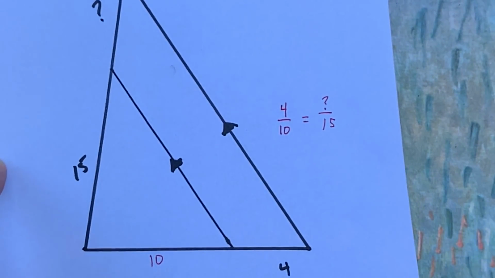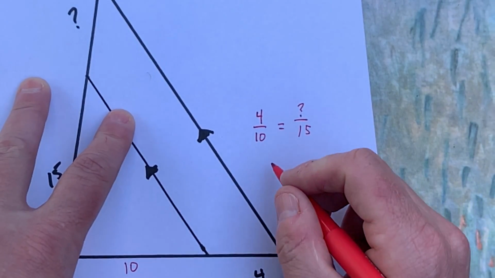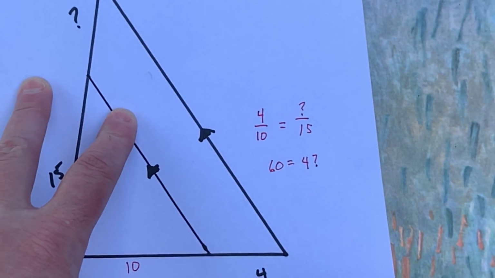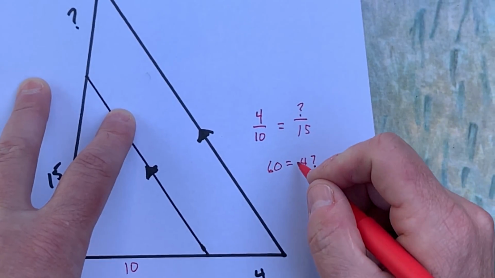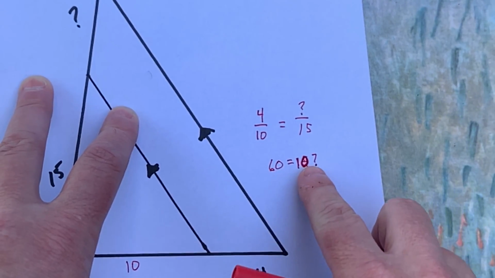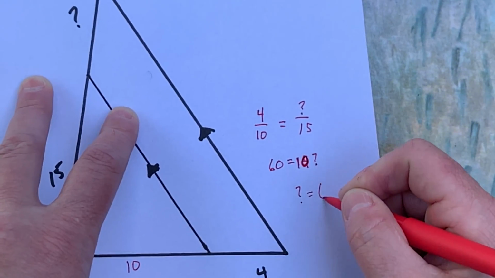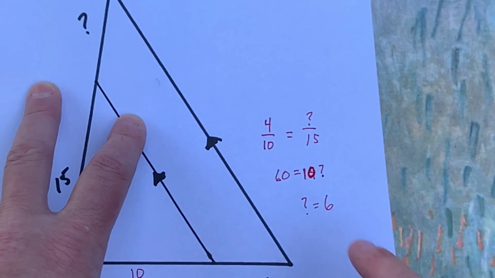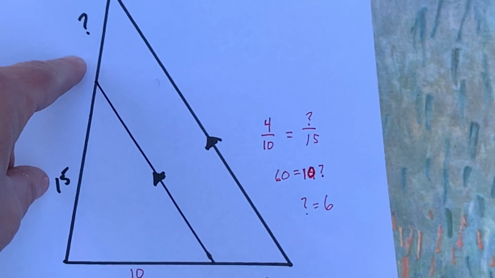Now I can do my ratio proportion voodoo magic. 60 is equal to 10 times what? I think my answer is 6. So question mark is equal to 6. Please forgive my late afternoon fuzzy brain. All right, question mark is equal to 6.